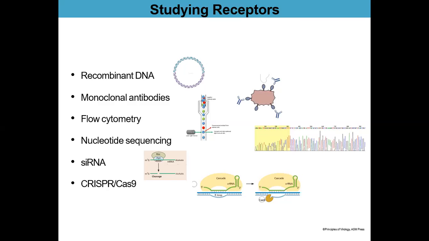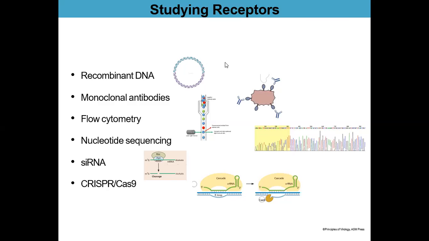But still, those monoclonal antibodies present in our body can give us a clue about what type of receptor or what type of protein is important for the entry of the viruses, and for the specific receptors present on our cells. Flow cytometry means that you are going to study the cells one by one.